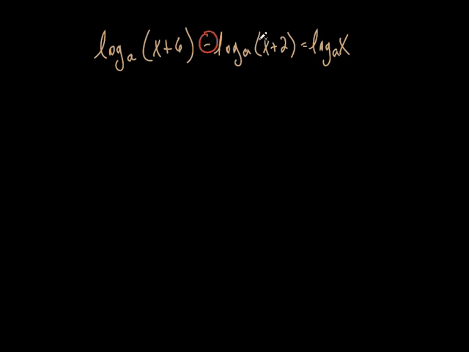We went over this rule a little while back, and that means you're going to divide. You're going to put one log out in front, and you're going to make this a division problem. So we're going to put one log out in front, log base a, and we're going to divide. So you've got x plus 6 over x plus 2. Make sure I wrote that. Yep, it is. Okay, and then that equals, we'll just do this, log base a of x.